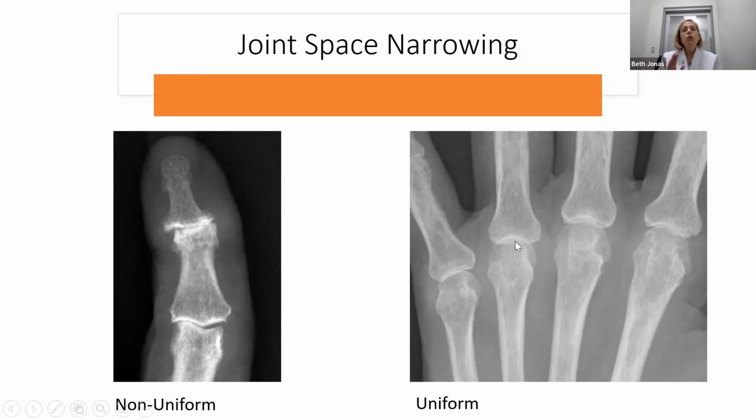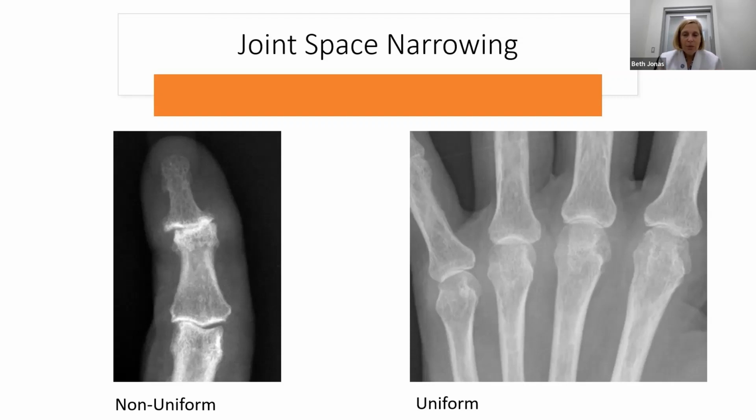In general, arthropathies that cause uniform joint space narrowing are going to be inflammatory, and arthropathies that cause non-uniform joint space narrowing are degenerative or non-inflammatory. This is a general rule of thumb.